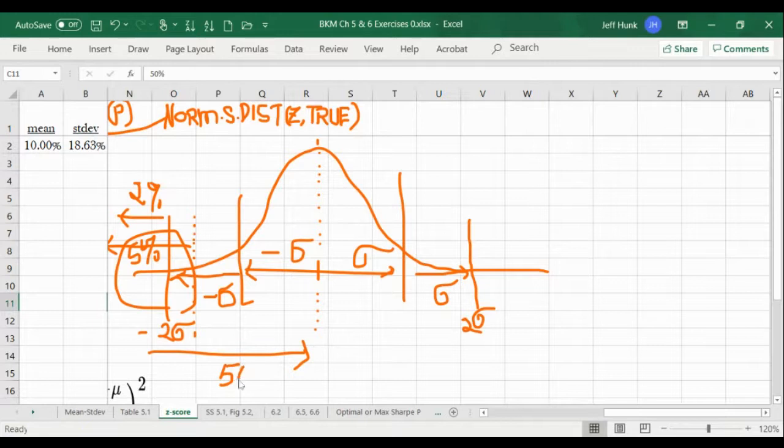Isn't that right? And then there's another 50% there, right?